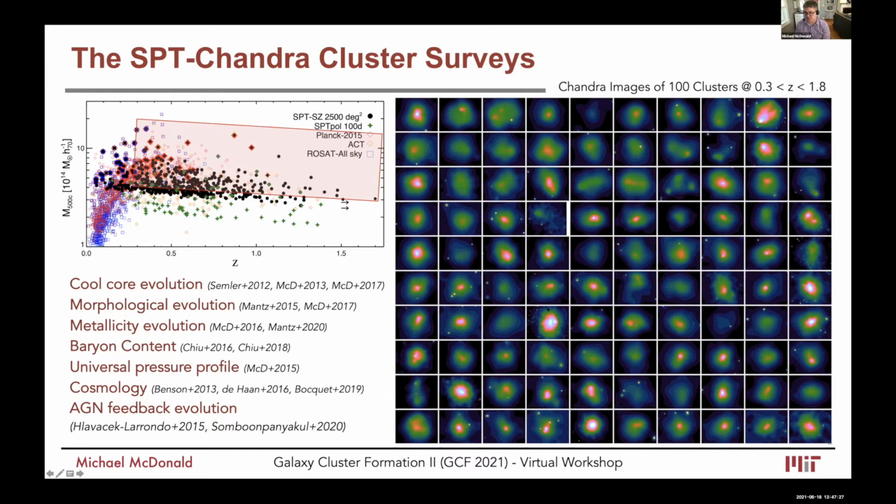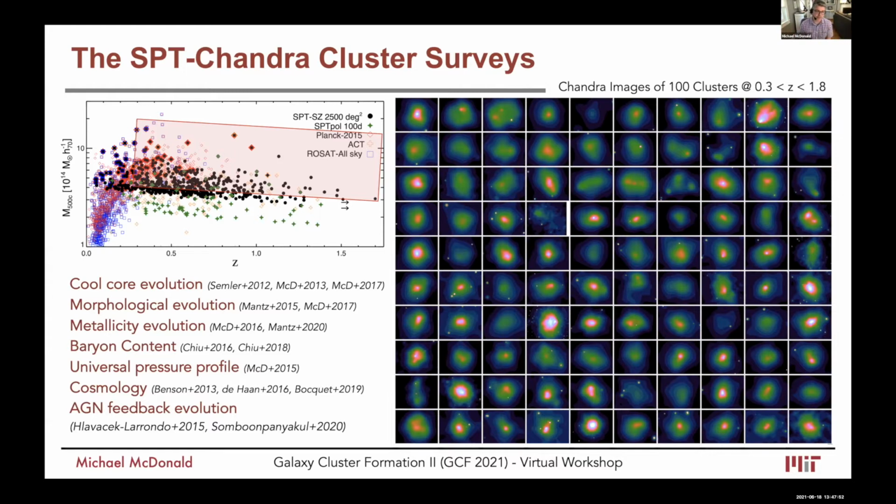Here's the bullet cluster, which is in the SPT field. Here's a double cluster with a bridge. There's a nice sloshing cluster up here. There's the strongest cool core in the universe here, Phoenix. And so there's kind of every type of cluster here, ranging from totally relaxed to the most vigorous merger in the universe, the bullet cluster. So it's a really nice sample for studying the full demographics of clusters.